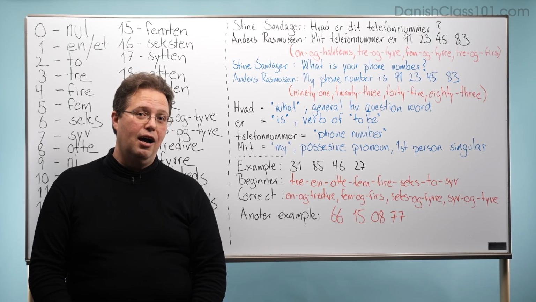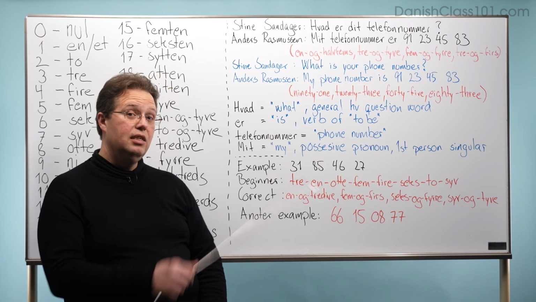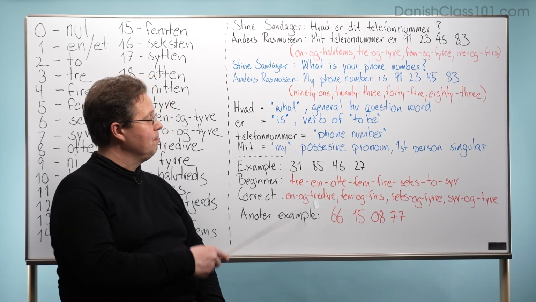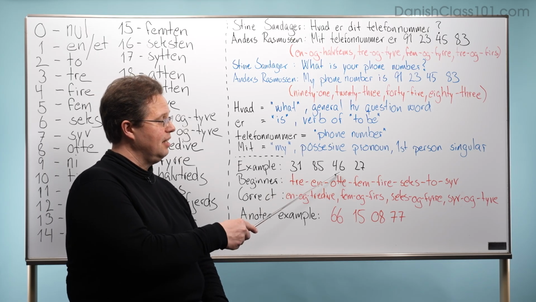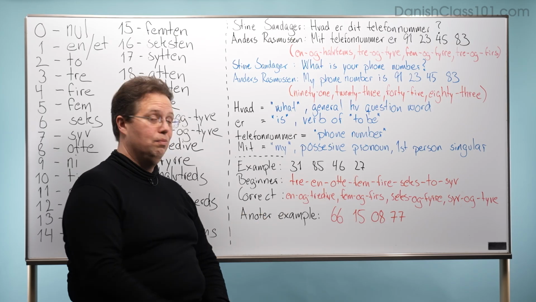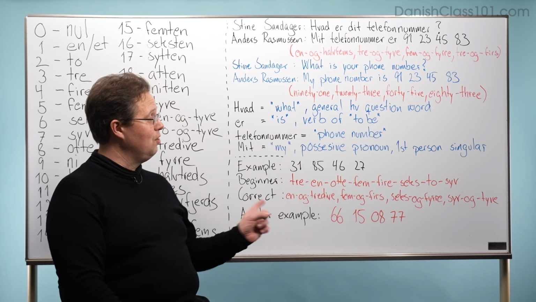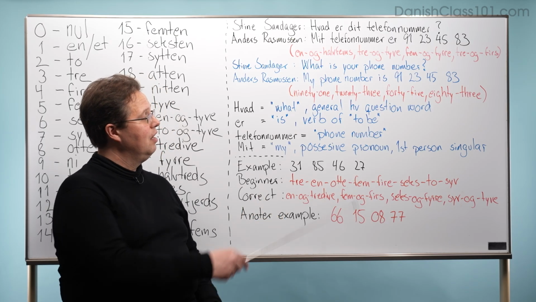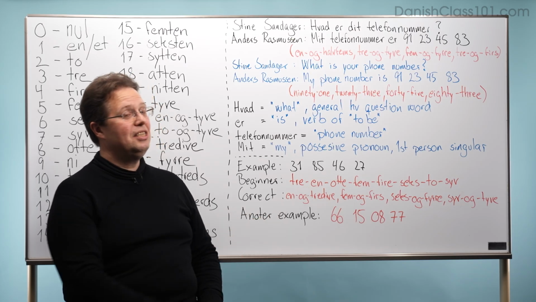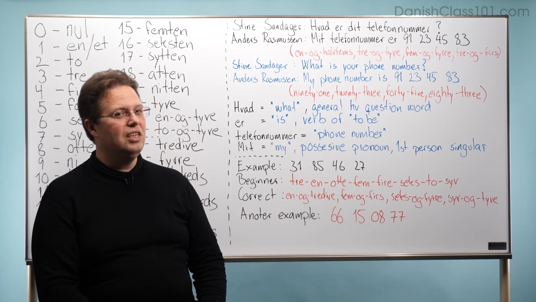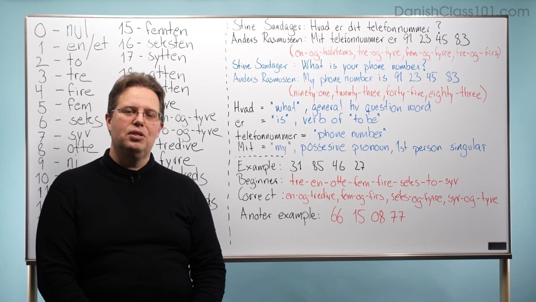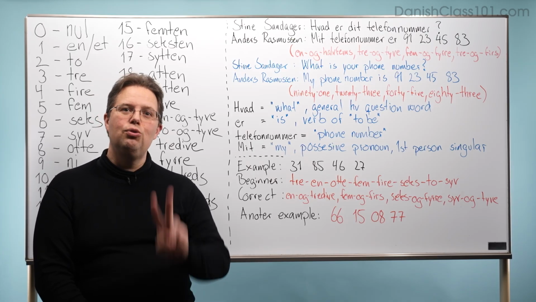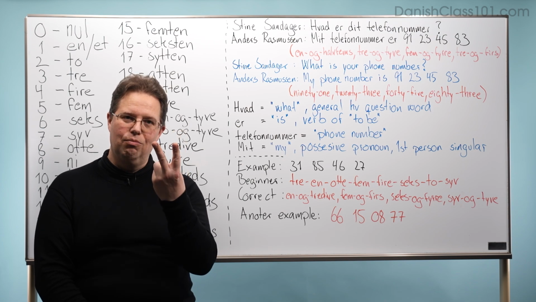All right, so how do we do this, right? So here's the example. Let's look at it. 31, 85, 46, 27, right? So did you hear the difference in there? So when you do double digits in Danish, you actually turn around them, right?